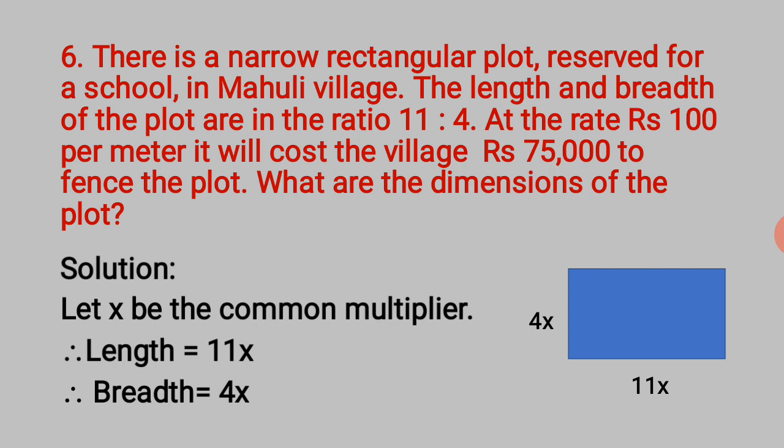That means we are talking about the perimeter. So here we will need the formula for perimeter of a rectangle, because the plot is rectangular in shape. And children, you can easily understand, these are all real life examples. These things actually occur. So let's do the calculations and find out the length and breadth.